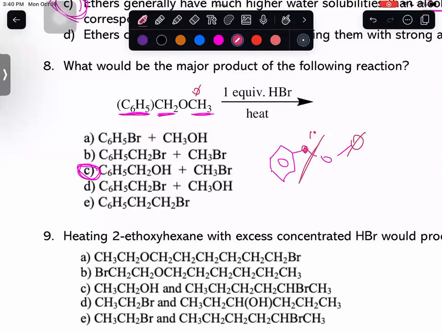It's posted. Oh, wait, give me one second.